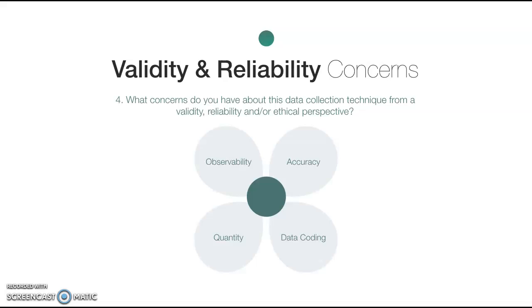Number two would be accuracy. In terms of accuracy, if you have a behavior you're observing, make sure that you know exactly what you're going to count towards that observed or unobserved level of measurement.